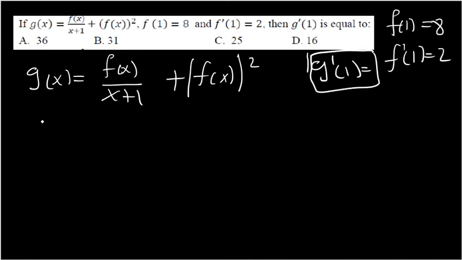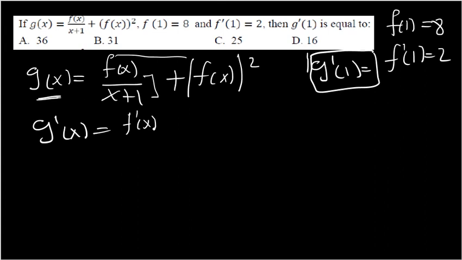Therefore, we need to derive g first. g derivative will be, here, a quotient function. The whole thing has to be derived. So for this one, it is a quotient function, so I need to apply that rule. So f derivative of x times x plus 1, then minus f of x times the denominator's derivative, which is just 1, so I can skip it.